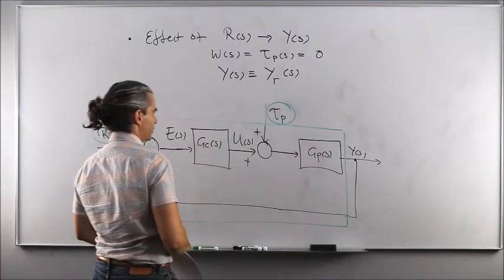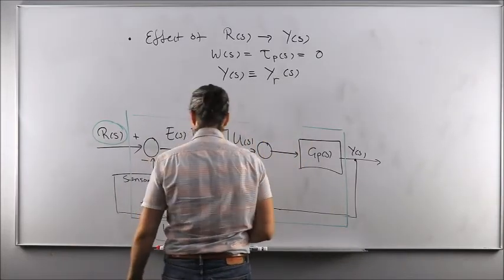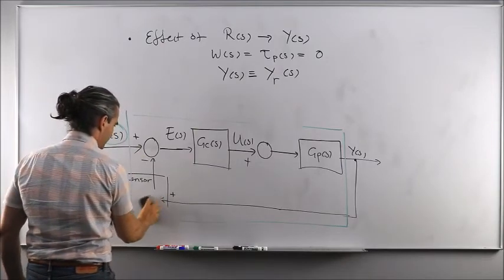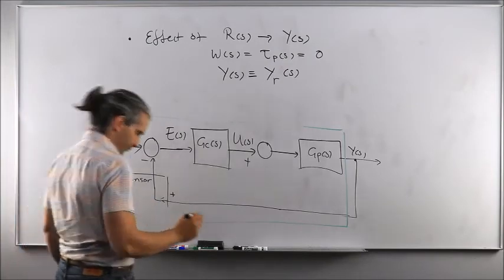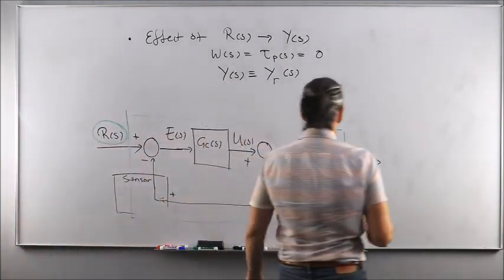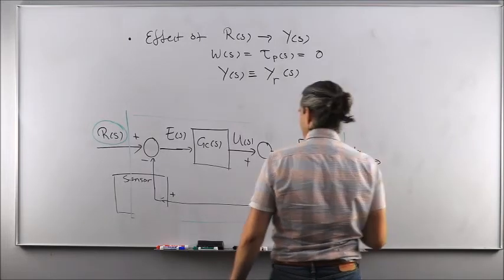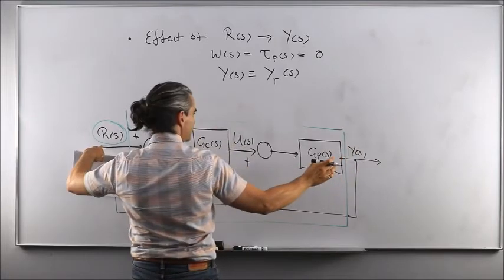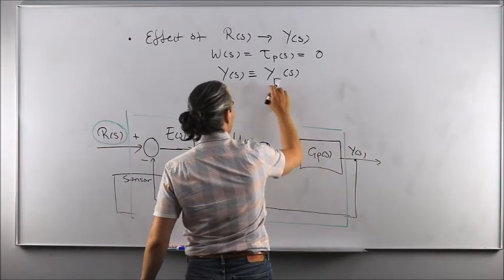All right, so let's do that. So now we don't have this coming in, and we don't have this coming in as well, which simplifies the block scheme diagram quite a bit. Okay, so what we want to establish here is the relationship between Y and R only. And in that case, we're going to refer to Y as Y of R.